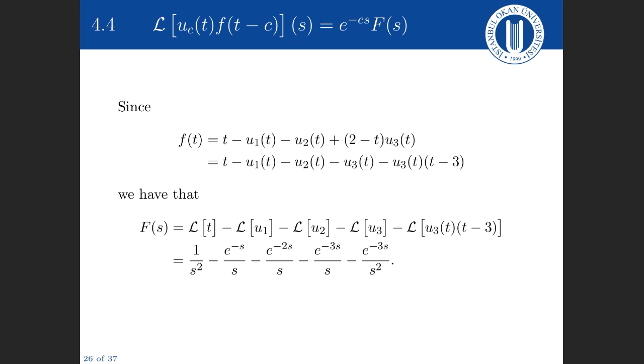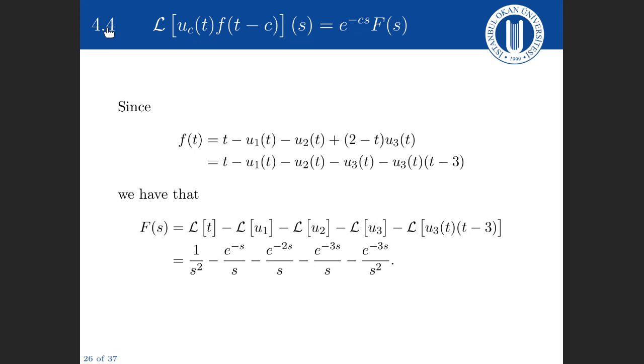So now we can use the formula at the top of the page. Capital F, the Laplace transform of small f, is the Laplace transform of t minus the Laplace transform of u1 minus the Laplace transform of u2 minus the Laplace transform of u3 t minus 3.